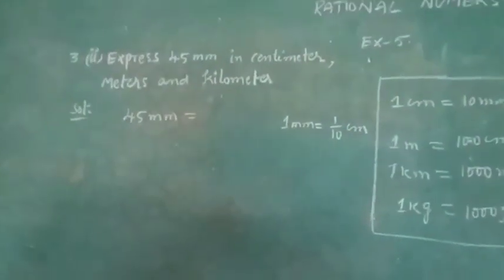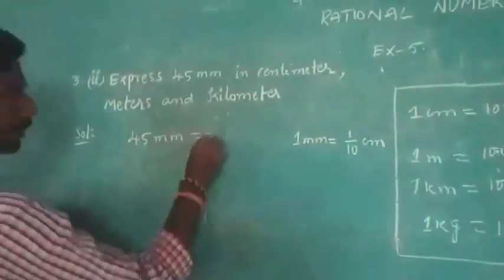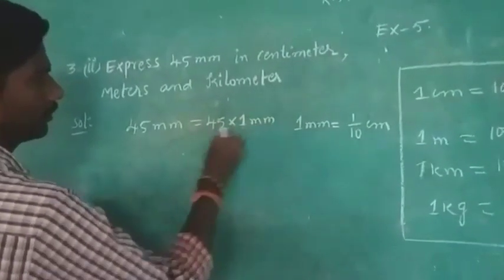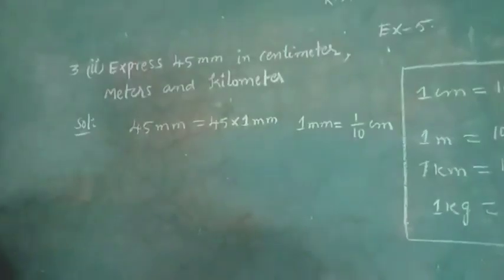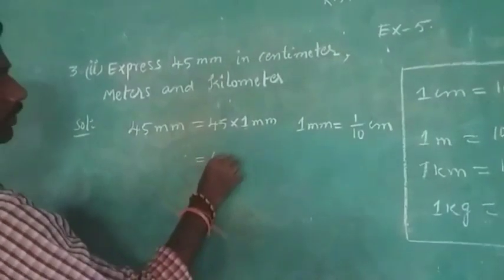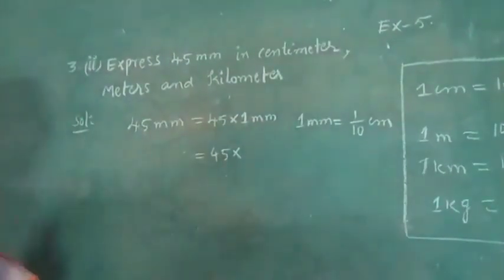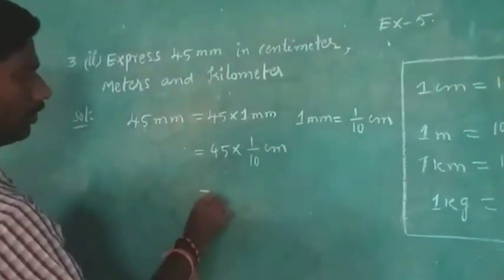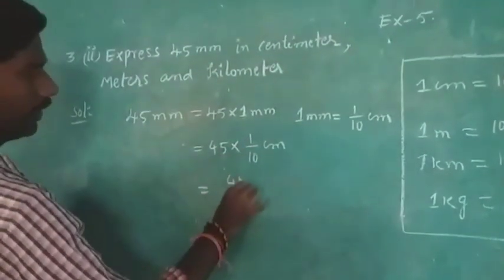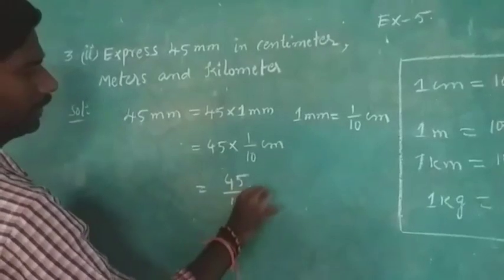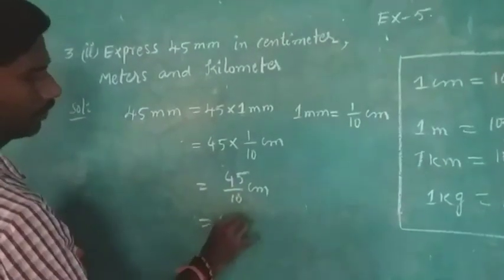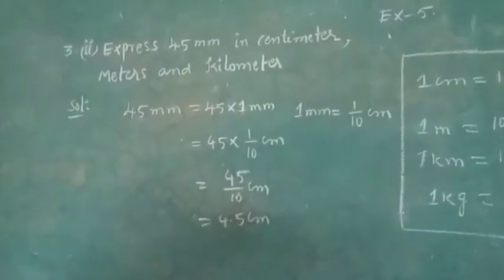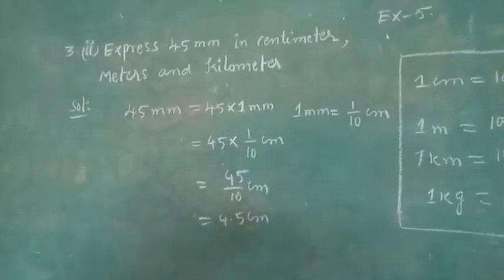So 45 into 1 millimeter, 45 millimeters, you can write as 45 into 1 by 10 centimeters. So 45 by 10 centimeters. Therefore, you can write it as 4.5 centimeters. You change your millimeters into centimeters.